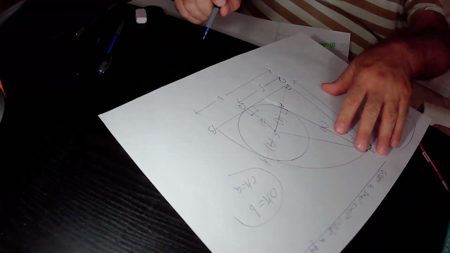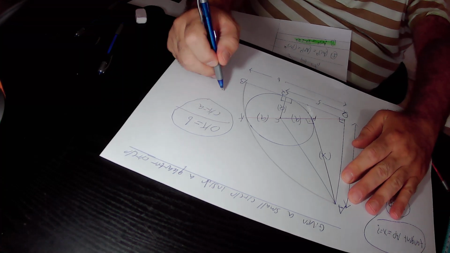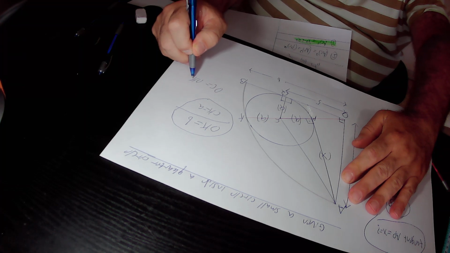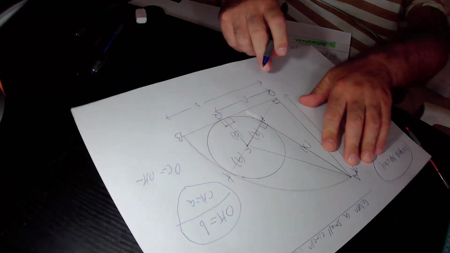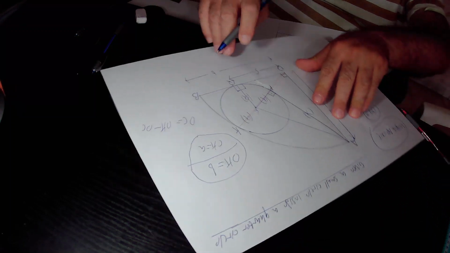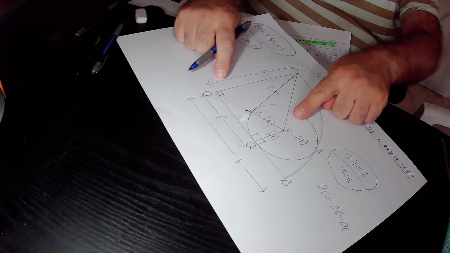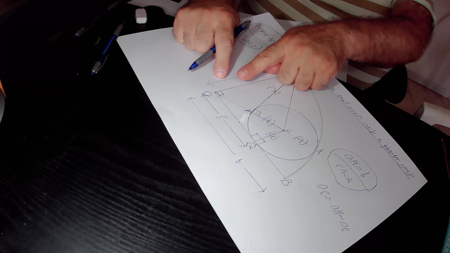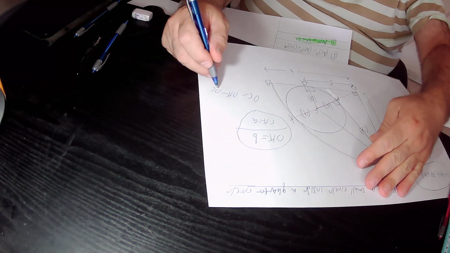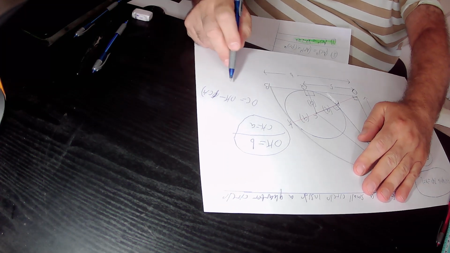So I write it down. OC equals OK minus CK.